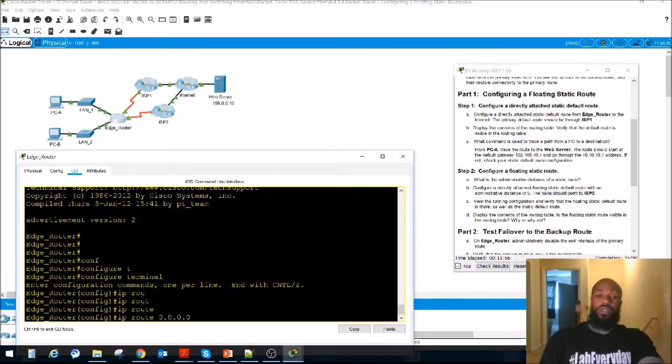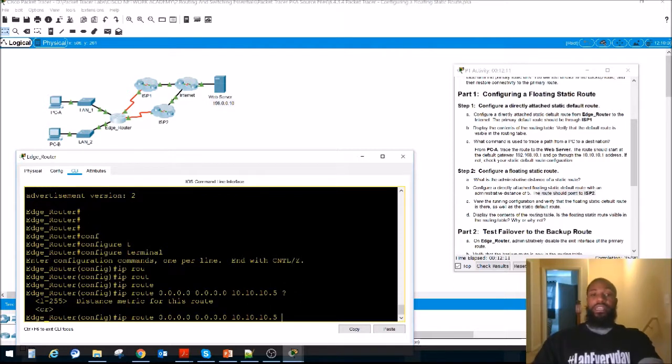Quad 0, subnet mask is also quad 0. The next hop router is our ISP2, which we just discovered, 10.10.10.5. And then at the end, I'm going to put a question mark so y'all can see the distance metric for this route. They want us to configure it to be 5, right?